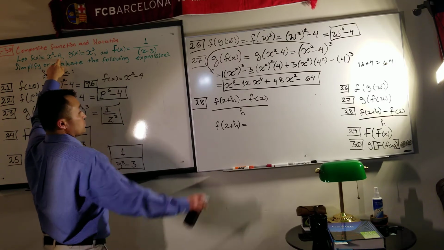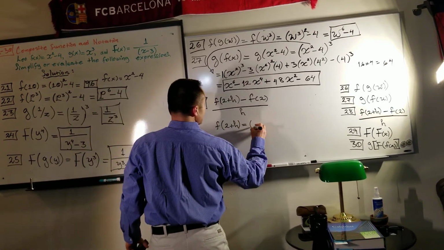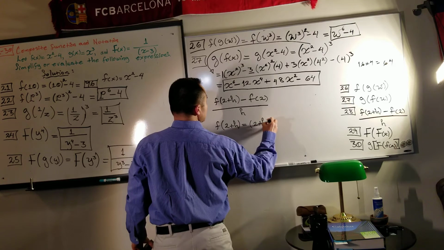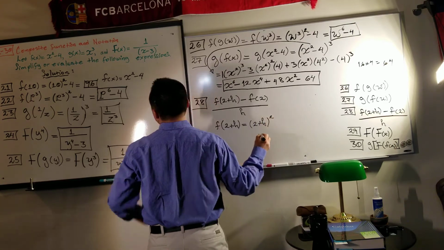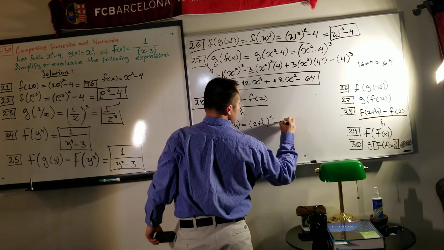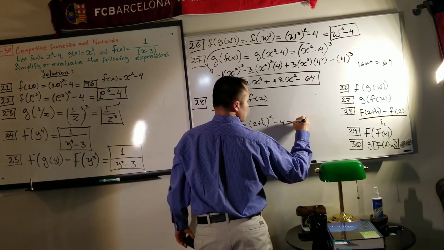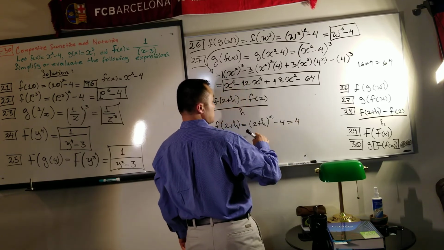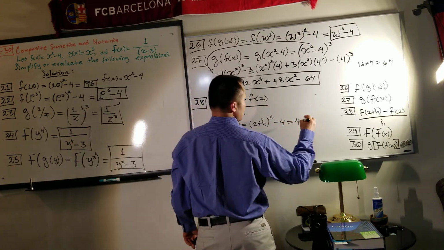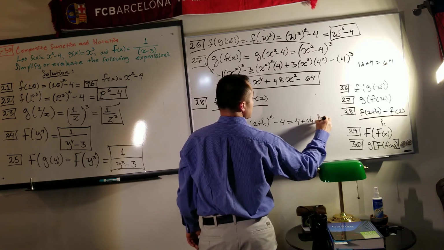So then f of 2 plus h is going to be equal to 2 plus h squared minus 4. So this is going to be equal to 4 plus 4h plus h squared.